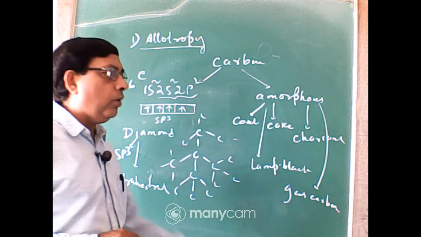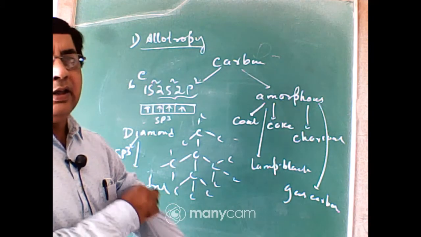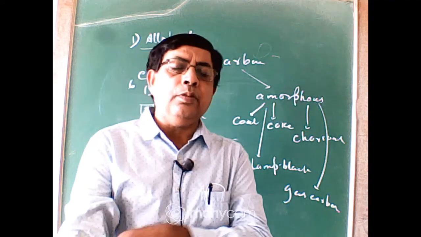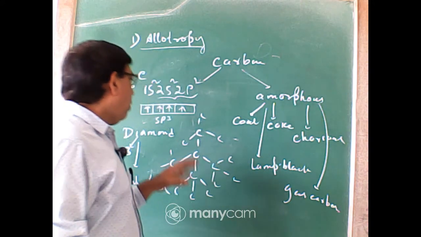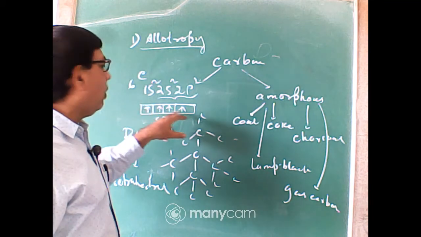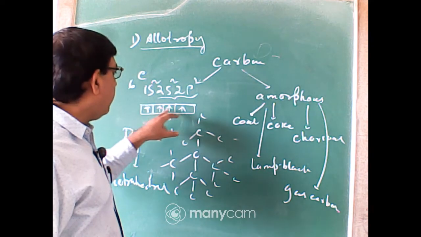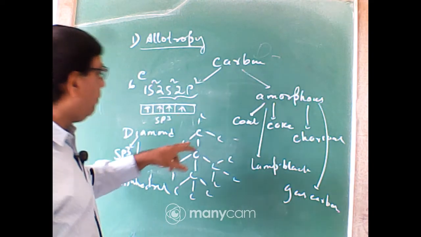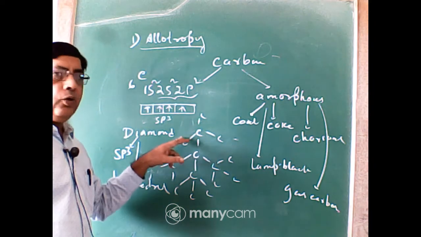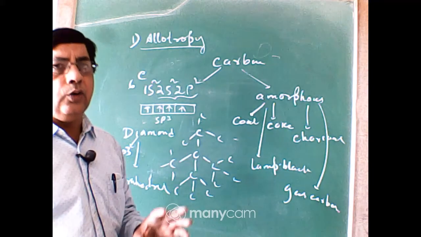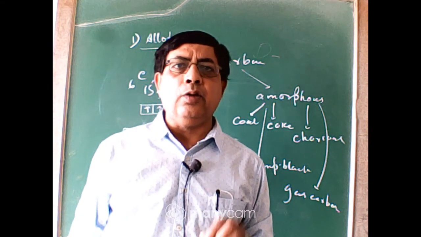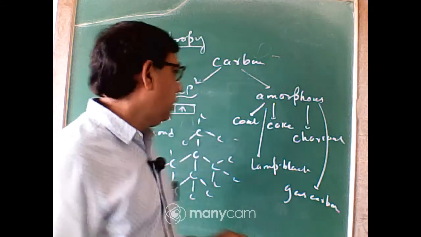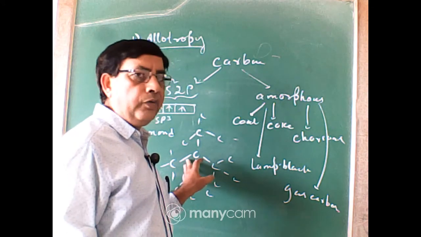To break these bonds, a large amount of energy is needed. Also, all 4 valence electrons of carbon are involved in bonding, so there is no free electron. Due to the absence of free electrons, diamond is a bad conductor of electricity.